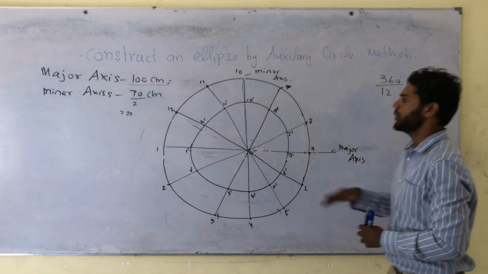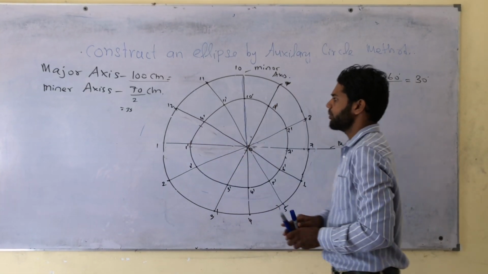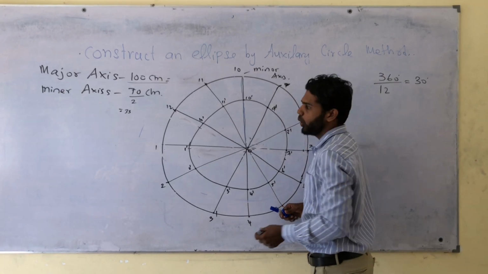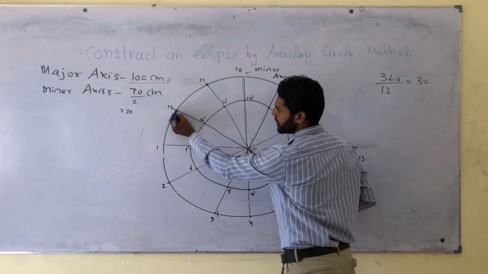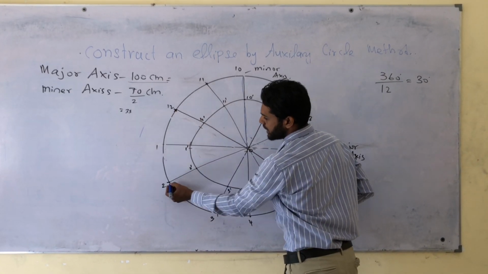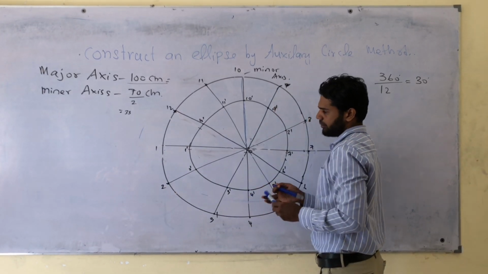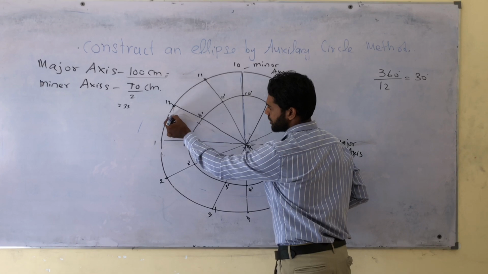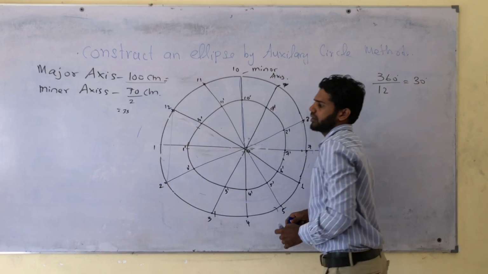Then what you have to do? You have to connect vertically by this point, 12 to these 2. You have to connect vertically here. These one. Right?